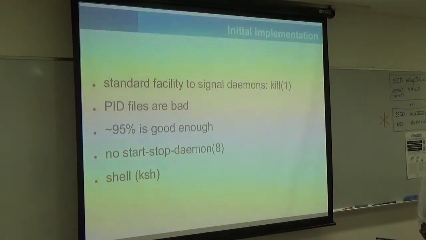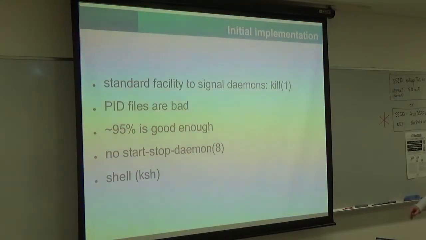So we decided to start with stuff that we were already using manually, that is kill, pkill, pgrep, etc., which was the standard facility to signal daemons anyway. We didn't want to go with PID files because, first, it's always a bit racy. Second, not all daemons are actually able to create PID files, which means that we would have to create a helper for that.